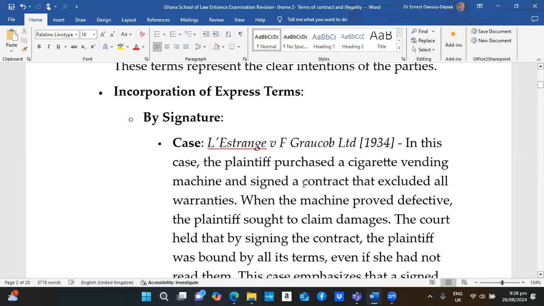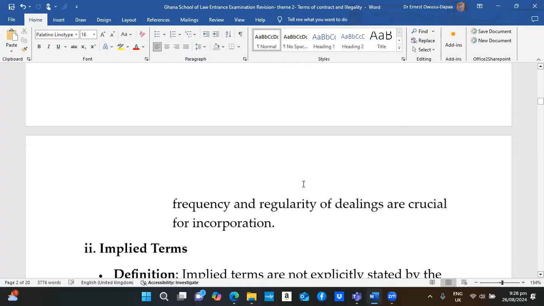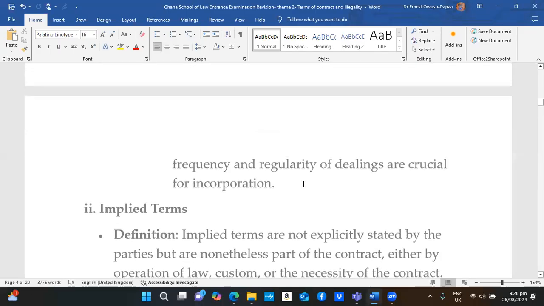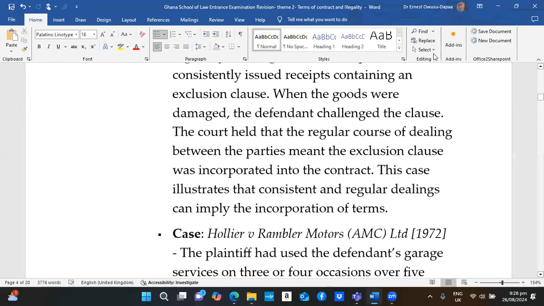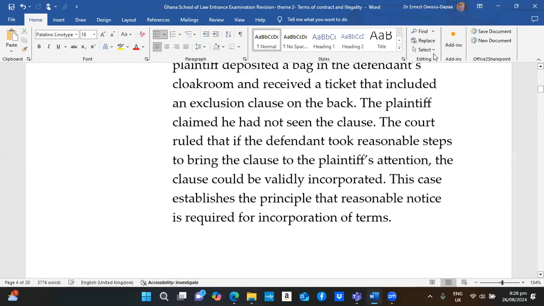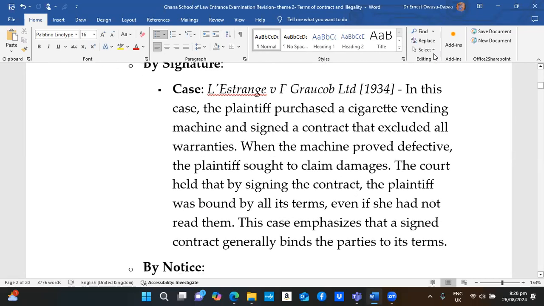So where you have the terms reduced into writing, we don't have so much difficulty. But the question is, where there's a signature of the person, we could also have some challenges. It may well be that someone was tricked or misled by fraud into signing.